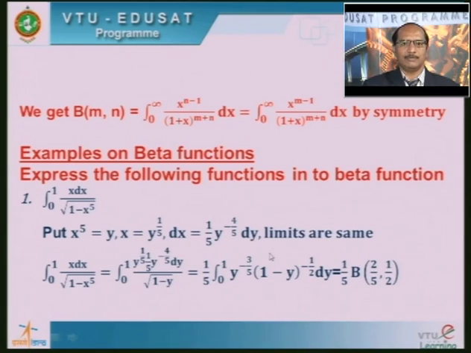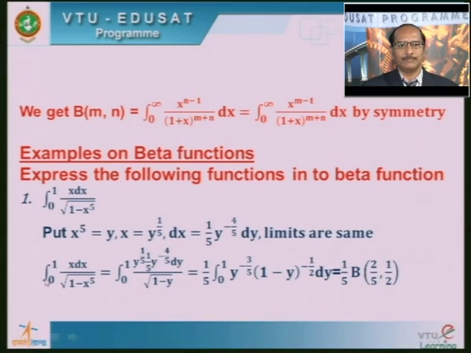And see the limits of the integration. Limits are same here. You can check how they are same. When x equal to 0, that is the lower limit, y also is 0. And at the upper limit, x is equal to 1, 1 raised to 5 is 1, so y is equal to 1. So, the limits of integration are same here.